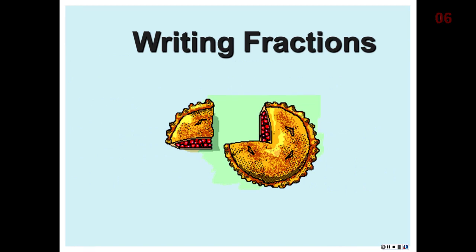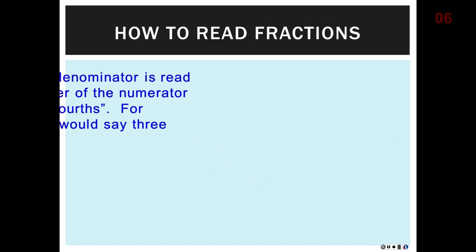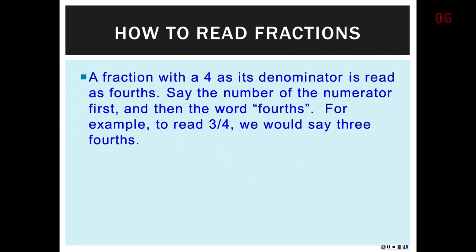Now, the next thing I want to talk about is how to write fractions. Do you think spelling counts when we write fractions in words? Of course, just like everything else, right? All right, now, this is what I want you to keep in mind. A fraction with a 4 as its denominator is read as fourths. Say the number of the numerator first and then the word fourths.